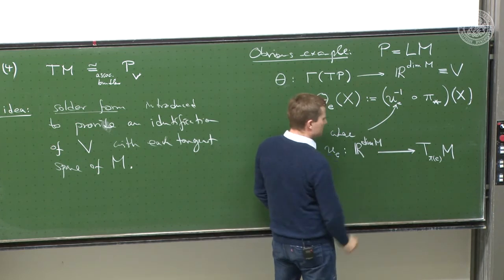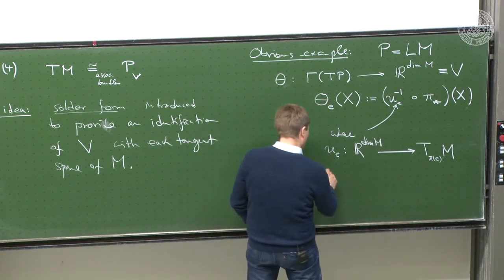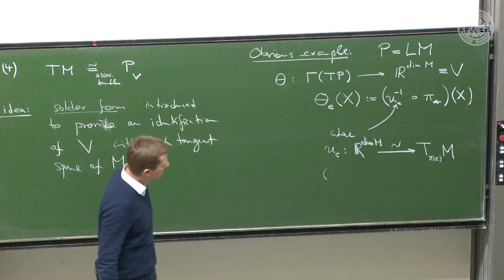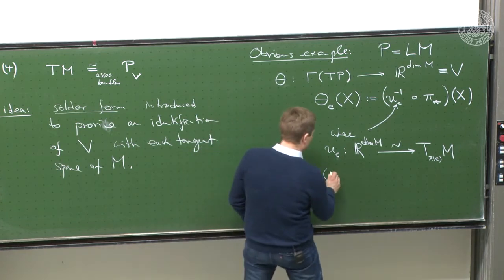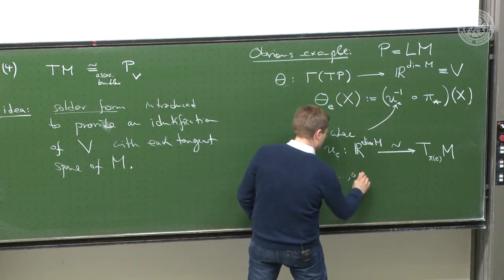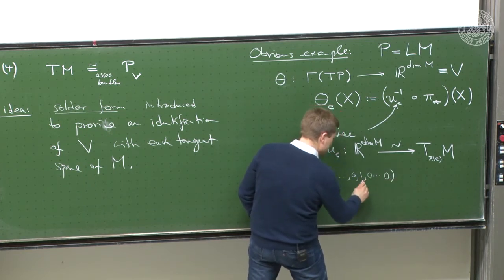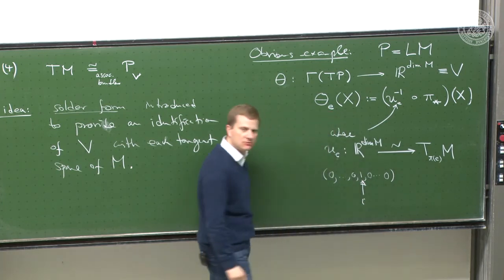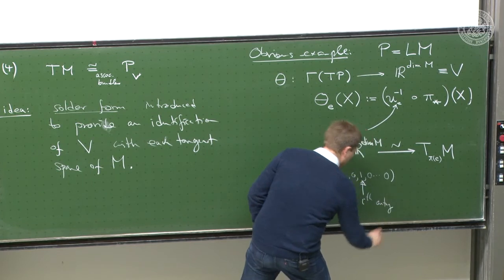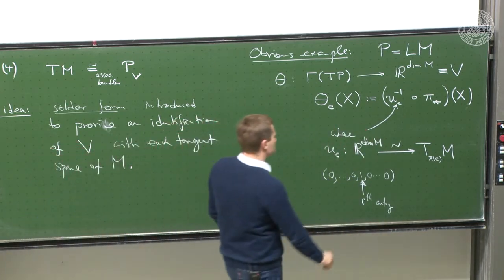Well, R dim M is just a dim M-fold Cartesian product, and this is supposed to be a linear map. And a linear map is given once I prescribe it on an arbitrary basis. So I choose on this Cartesian product the basis where this is the ith entry.